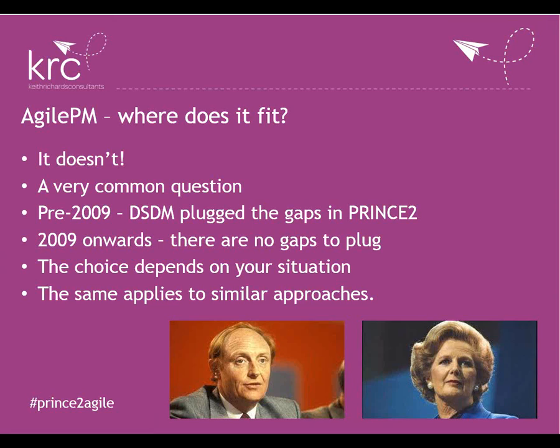Now everybody's trying to go for the centre ground, and it's quite hard to tell the difference between the parties sometimes. And the same goes with Agile PM and PRINCE2, in the sense that they've both stolen things from each other, and they've ended up in a very similar place. Agile PM and DSDM has taken some really good Prince things. Equally, Prince has taken some pretty good things from DSDM, and they're ending up in a very similar area.